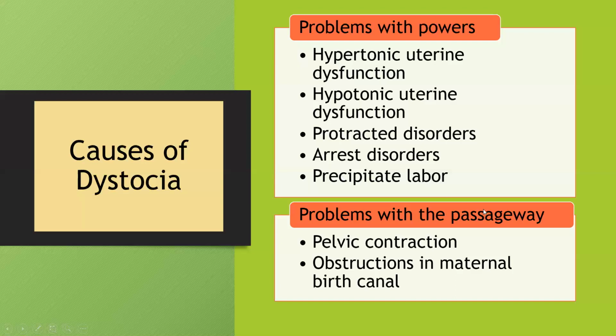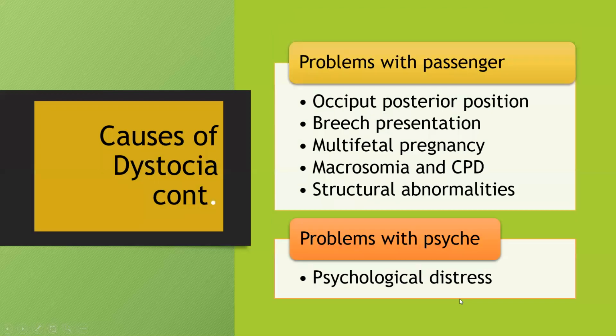And then we have issues with the passageway. If there's a pelvic contraction or any sort of obstruction, tumor in the uterus, sometimes even vaginal warts can cause obstruction in that birth canal. So those can also interfere with the baby coming down and coming out. That occiput posterior position, I've mentioned that quite a bit.